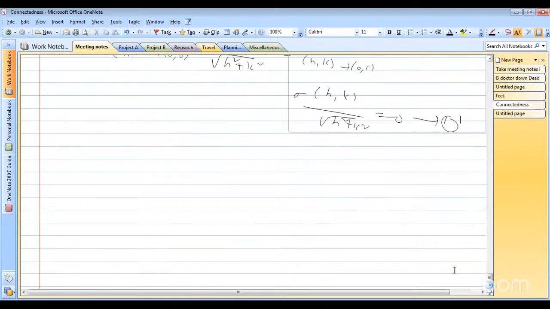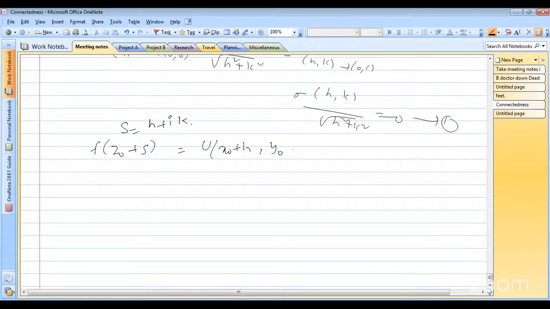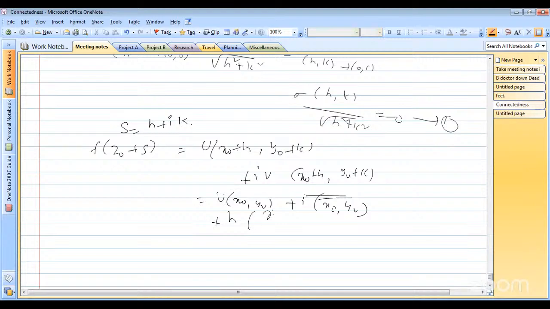Here z is equal to h plus i k. So f of z plus k, you know, is u of (x naught plus h, y naught plus k) plus i times v of (x naught plus h, y naught plus k). Taking the real and imaginary parts separately: u of (x naught, y naught) plus i times v of (x naught, y naught), then h times (dou u by dou x plus i dou v by dou x) at (x naught, y naught), then k times (dou u by dou y plus i dou v by dou y).